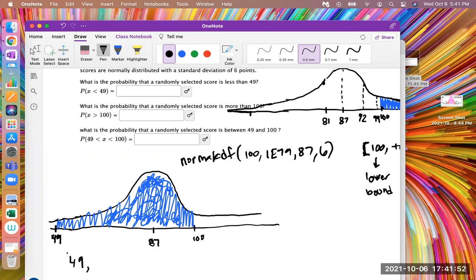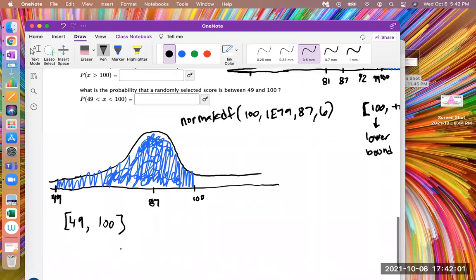And where does the shading stop? It stops at the 100, so that's my upper bound. This is the easiest one. It doesn't have anything complicated like 1,000 or infinity in any way. This is the easiest one by far. So that's my lower bound, and this is my upper bound.